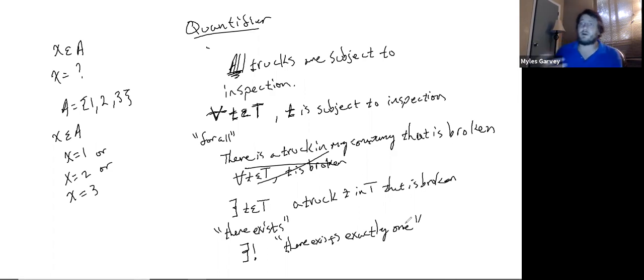Why is this important? This is important because you're going to see this notation later in your education. I might want to make a statement about all of my trucks. For example, suppose the travel time R of a truck needs to be less than 5 minutes for all my trucks.